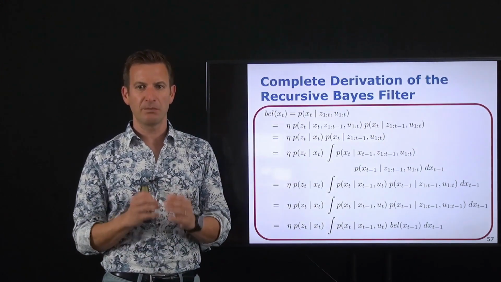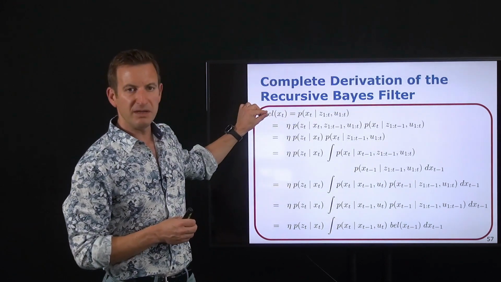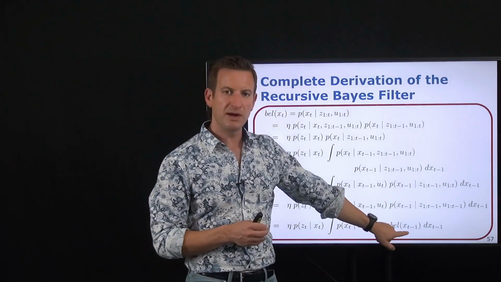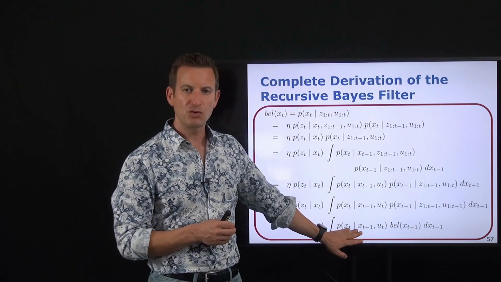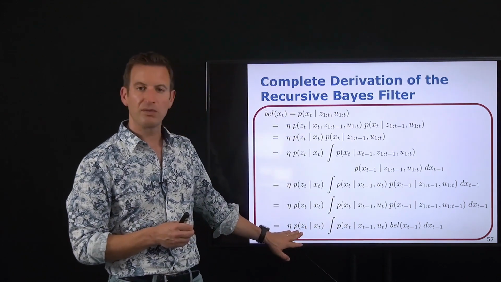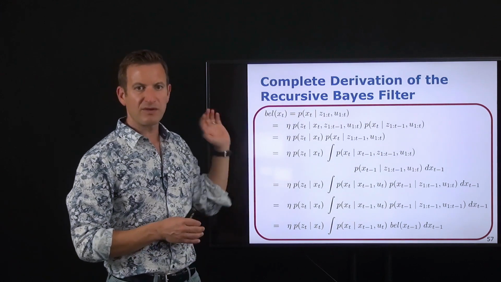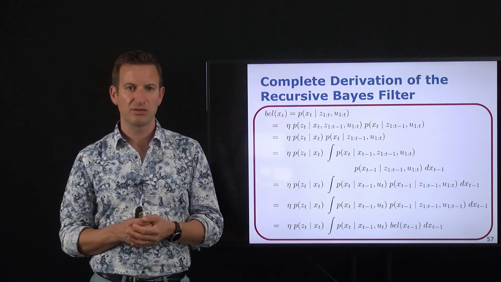It's just the recursive term that I put in there. And that's basically the complete derivation of the recursive Bayes filter. We started from the belief at time t. We reduced it to the belief at time t minus 1, plus some update taking into account the most recent motion command and the most recent observation. This is one of the key derivations, and a lot of state estimation techniques rely on it.